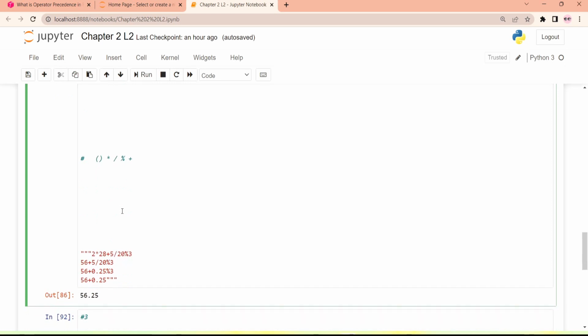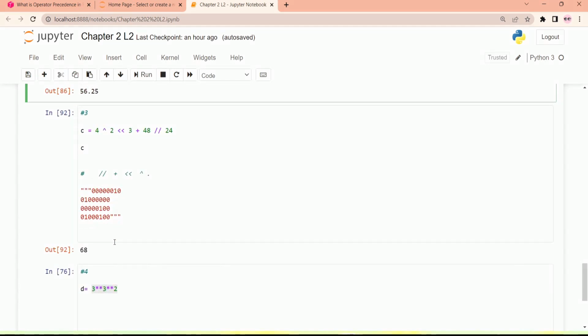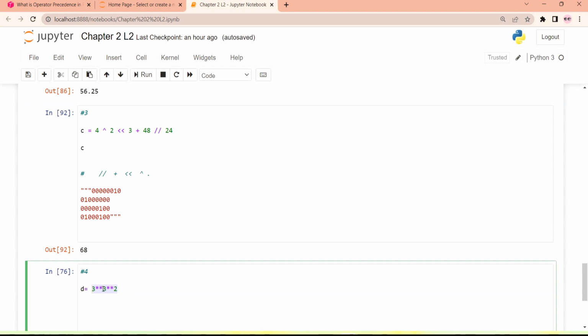Whereas with exponent, there is a problem with this kind of evaluation, because when you want to evaluate this, it is 3 to the power 2. Unless you get this value, you cannot raise the result to this one. So the evaluation will be 3 to the power 2, the resultant will be 9. 3 to the power 9 will be the final answer.